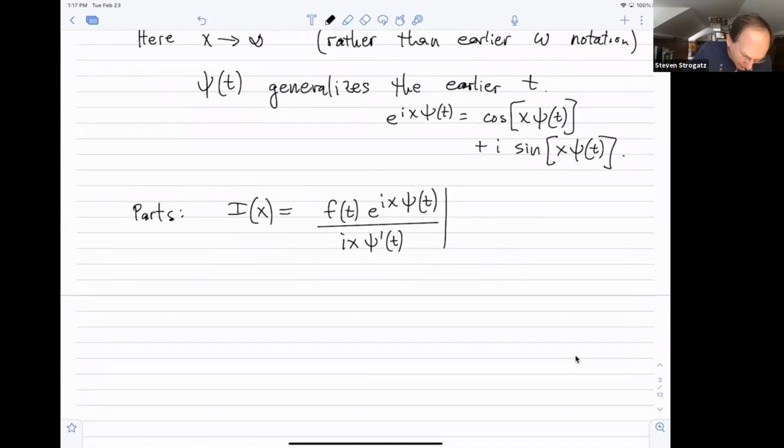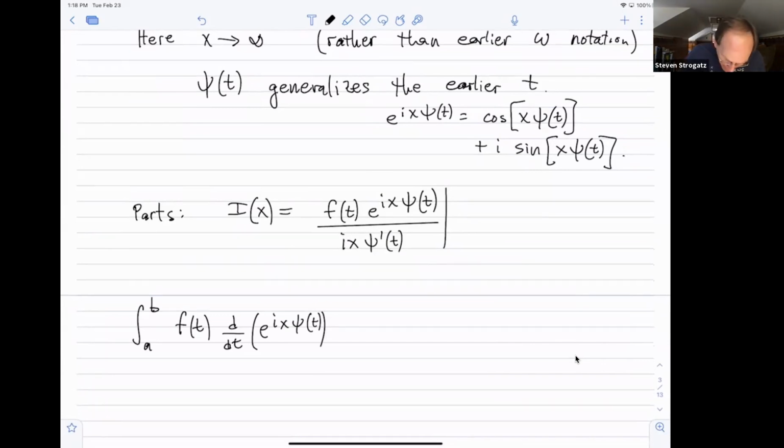That's getting, so maybe I should just write off to the side. What am I doing here? I'm looking at the integral from a to b, f of t, and then I'm just manually putting in a d dt of e to the i x psi of t so that I can integrate by parts, but that will introduce a term ix psi prime of t.